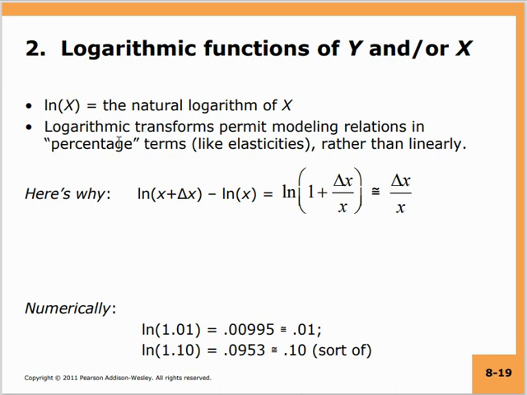In order to understand how to interpret, we will introduce the idea that logarithmic transforms allow you to model relations in percentage terms. Okay, so let us talk about it a little bit. Why is this so?